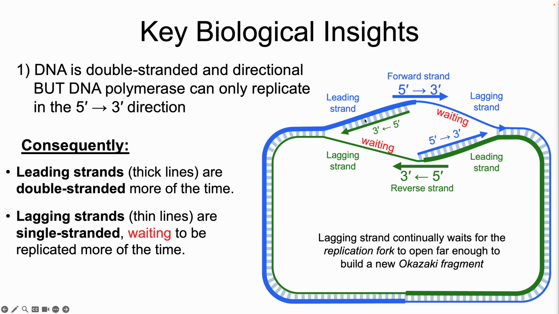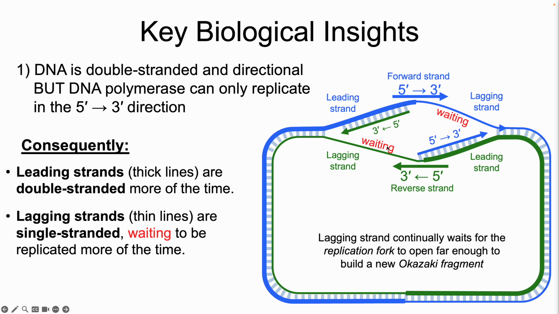And so the leading strands, right, as the replication fork opens, those things are being synthesized. So those strands spend very little time single-stranded. It's double-stranded because as it opens, it gets added to. It gets replicated. On the lagging strand, though, because the polymerase can't go in this direction, right?